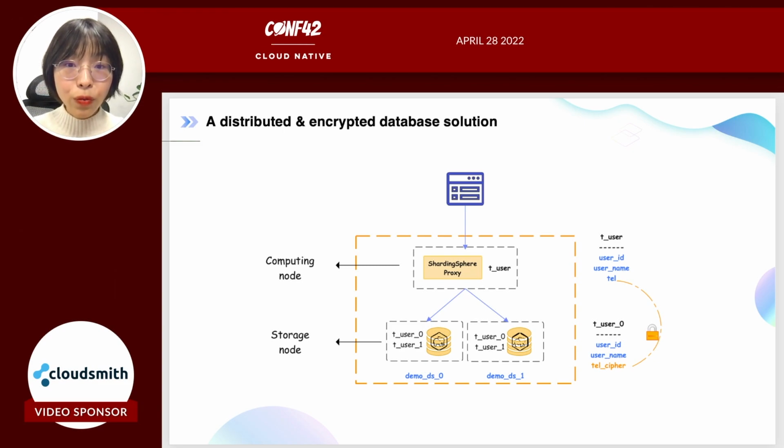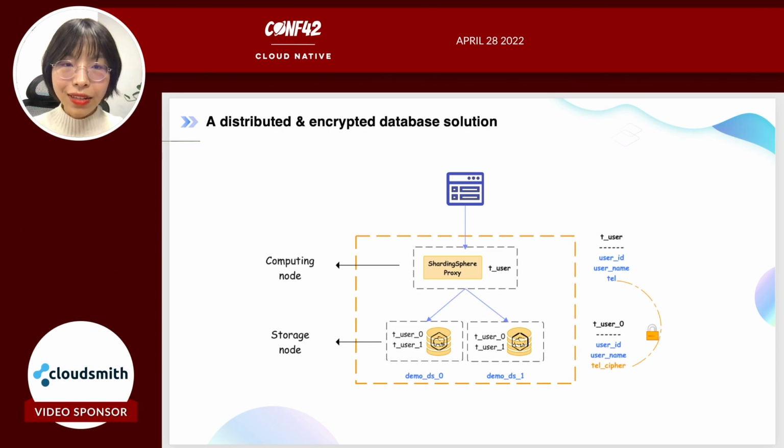So there are two PostgreSQL instances, demo_ds_0 and demo_ds_1. They are all called storage nodes. And the actual tables are located in such PostgreSQL instances. But for your application, for your proxy, there is only one table, t_user, right? So one table t_user maps to 4 actual tables or physical tables. Yeah. So that's the one need.